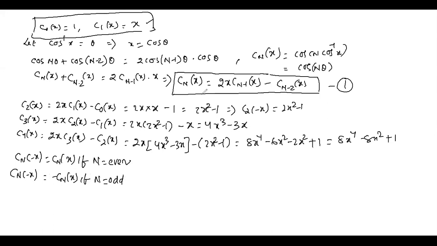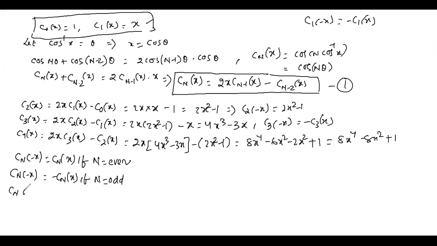Now take the odd part. Odd part means C1(x). If you find C1(−x), it is −C1(x). Yes or not? Similarly, take C3(x). If you find C3(−x), all are odd powers, so obviously we get −C3(x). So Cn(−x) equals −Cn(x) if n is odd.